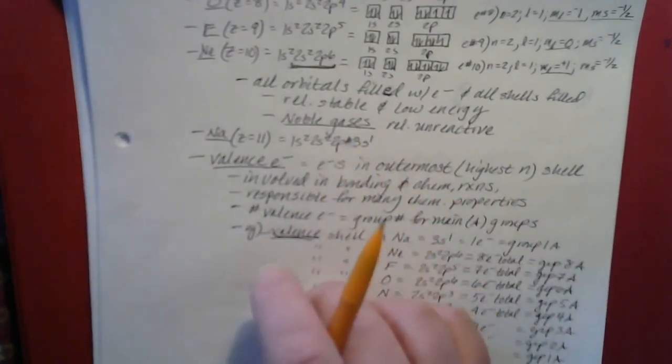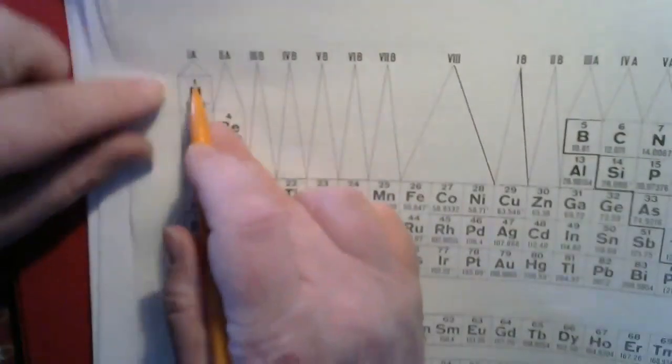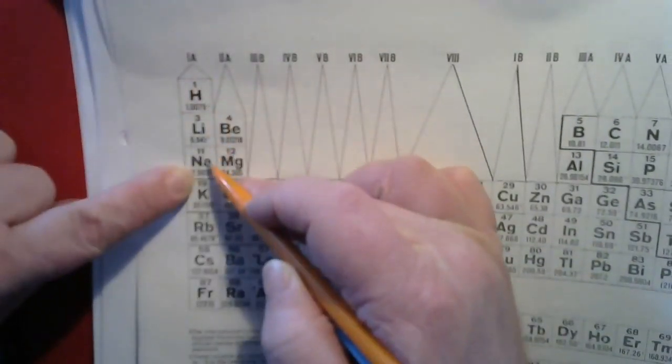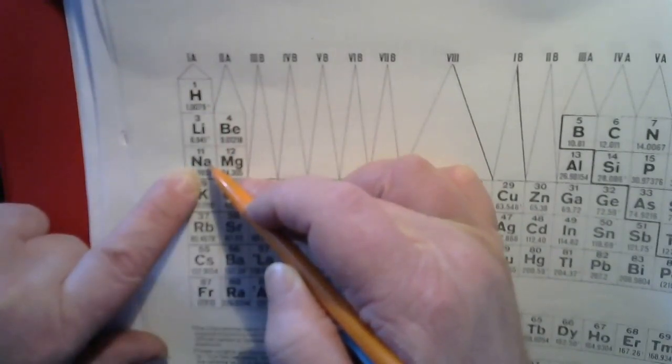That's what the principal quantum number means, actually, is what period it is in the periodic table. And so if you look in period 3, group 1A, sure enough, sodium. So that's one of the other useful things that you can find from the electron configuration, but we'll go over that in more detail later.